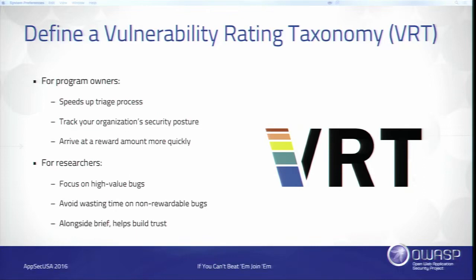Now, you can publish this, and researchers will be very happy if you do, because it's another level of setting expectations. This is going to be something they use to actually decide, well, what do I focus on? What's going to be treated as a critical vulnerability that's going to get me that top payout? And also, conversely, what's the stuff that's going to be paid $0? So these are the kinds of things that researchers look for.